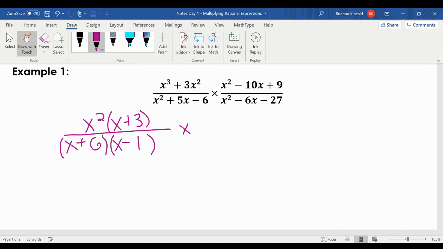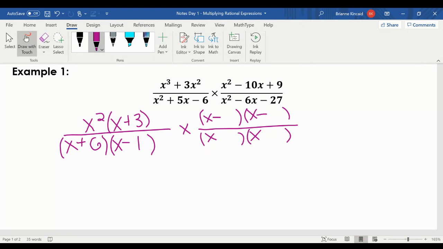In the second fraction, we have trinomials with x squareds in both of them. So numerator and denominator is going to factor as two binomials with x's in front. In the numerator, you're multiplying to a positive number. It's positive 9. That tells us the signs are going to be the same. Because we're adding to a negative, both signs need to be negative.